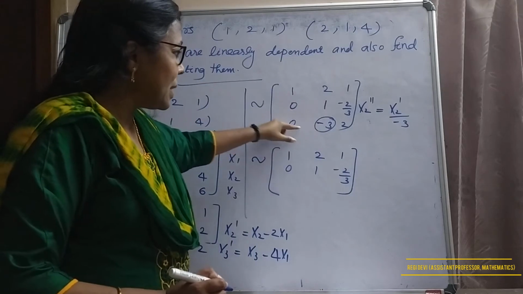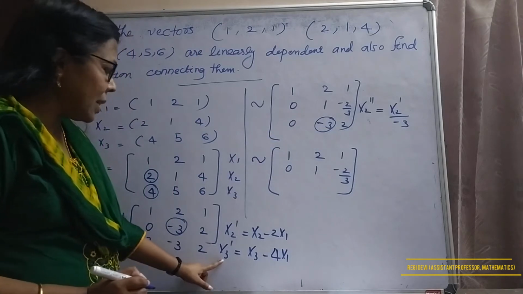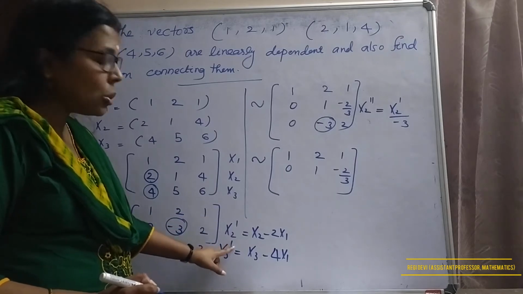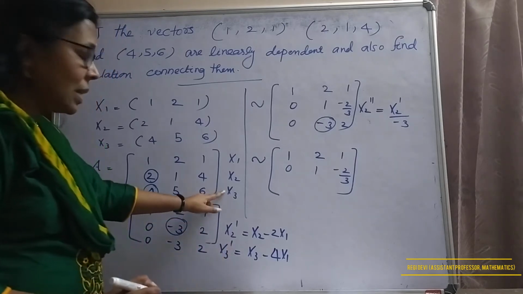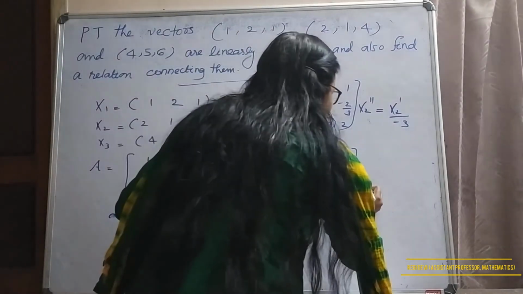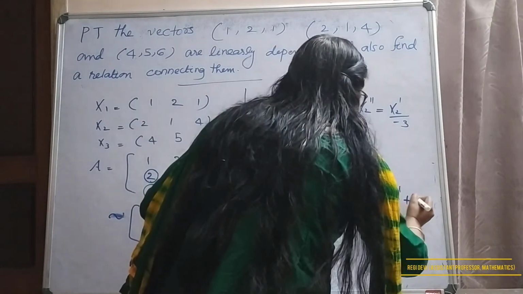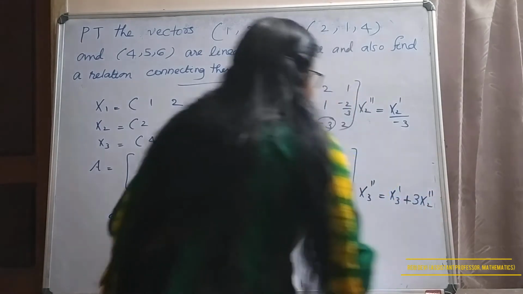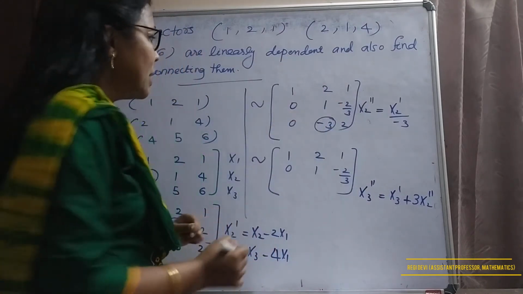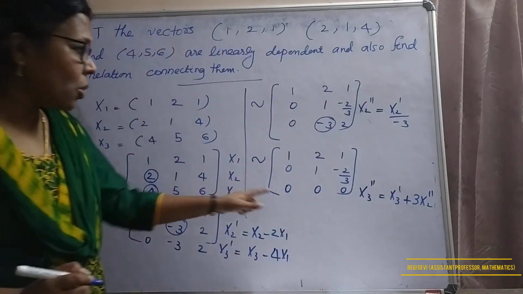Here x3 first changes to x3 dash, and now we change x3 dash into x3 double dash. x3 double dash equal to x3 dash plus 3 times x2 double dash. That is 0, 0, 0. One row reduces to 0.